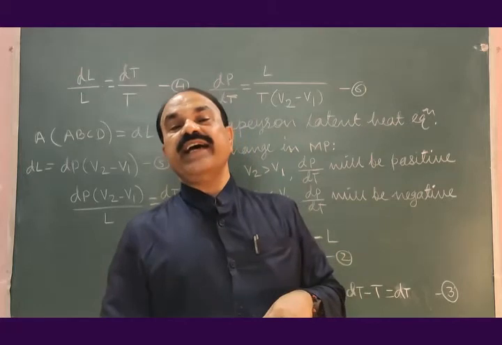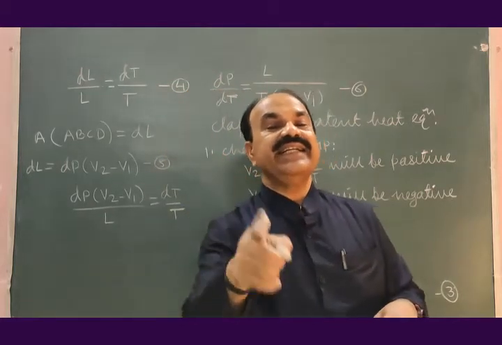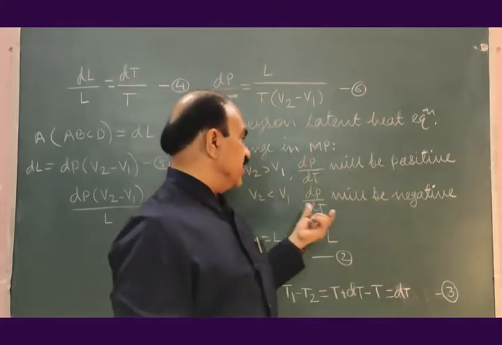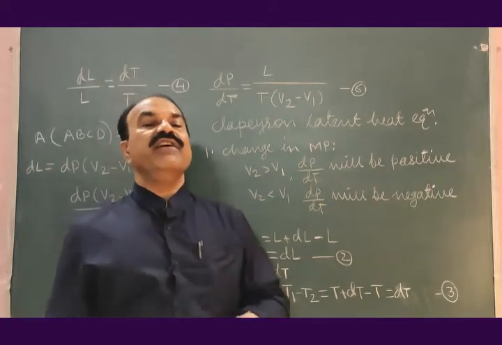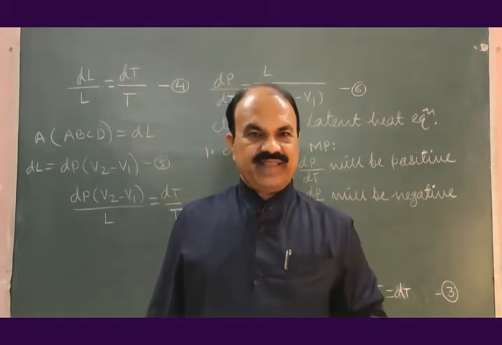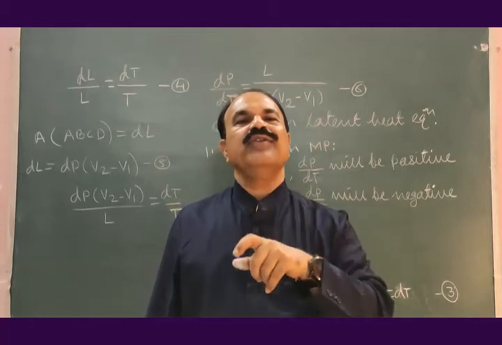You will find that volume of ice is greater than volume of water, and therefore V2 is less than V1 in case of ice. Volume of water is smaller than volume of ice.